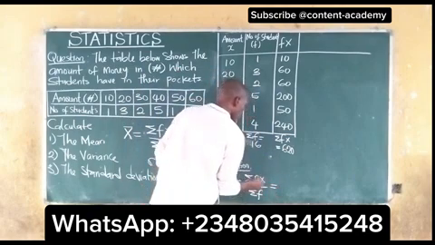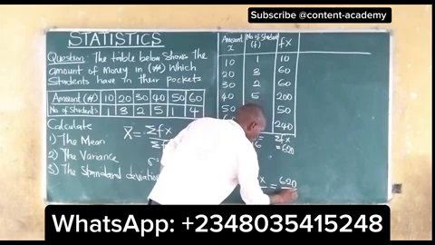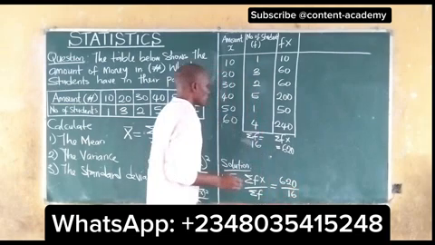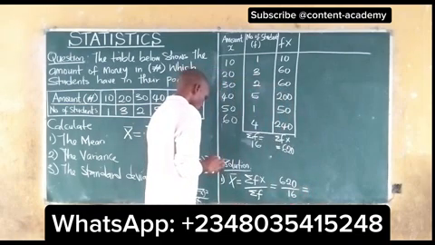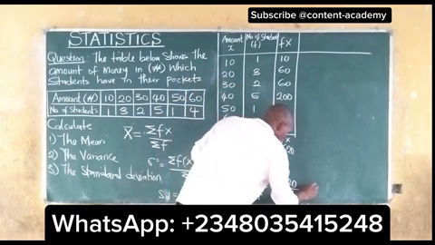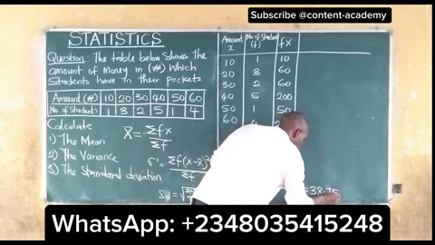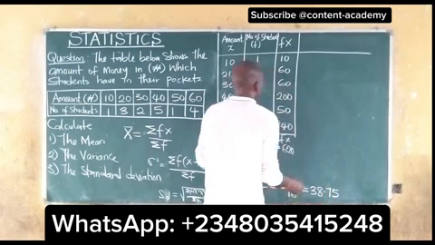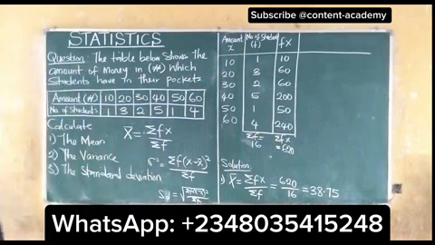So we have 620 divided by 16, which is 38.75. That is our mean, and that is how we can obtain it.